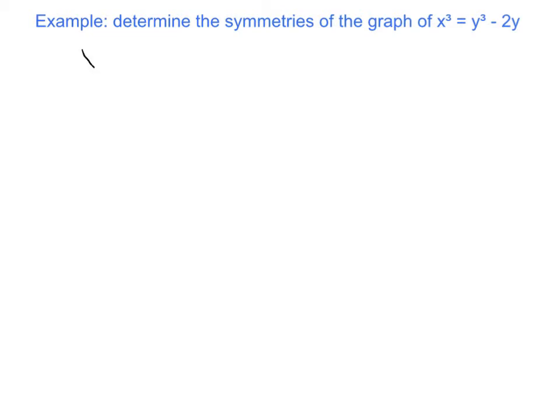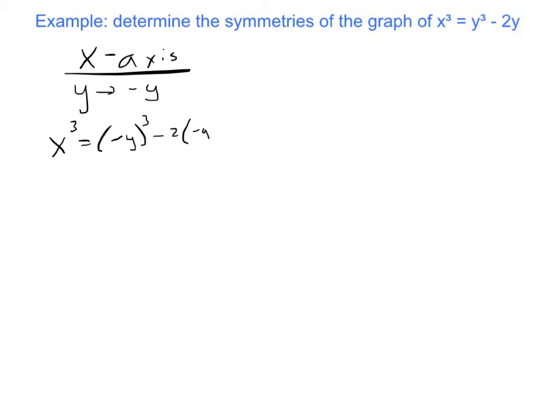Let's first determine whether or not it has x-axis symmetry. To do that, we're supposed to replace y in the equation with negative y. When I do that, I end up with x cubed equals negative y cubed minus 2 times negative y. Remember that if you have a negative thing raised to an odd power, it's going to stay negative.